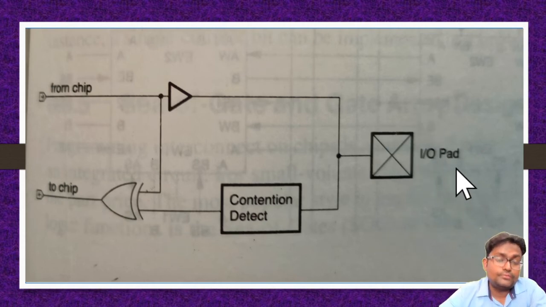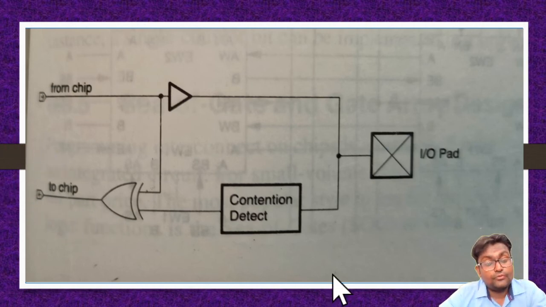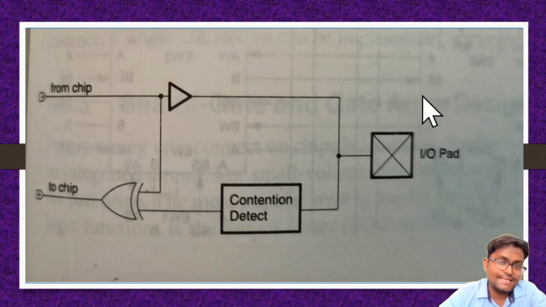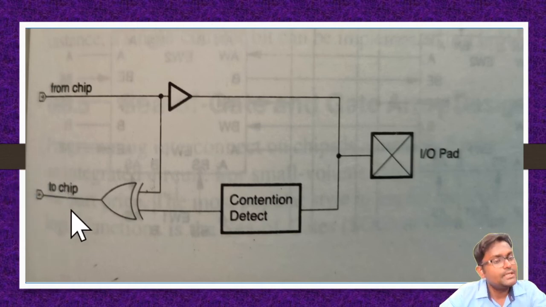When we use this port as an input, this input is provided to the NOR gate, and the second input is provided from the chip, and accordingly we can find out the output from this side. But what happens when we use it as an output port?